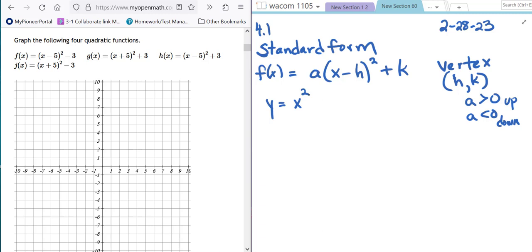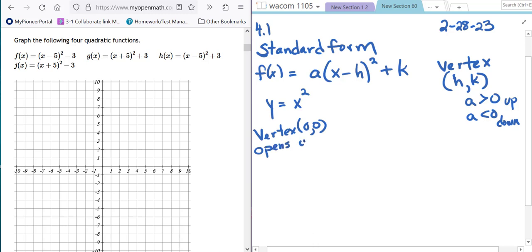All right, so for the standard graph, your vertex is at (0, 0) and it opens up. You can have a point or two, and these just move it. We'll do one with a transformation, and then I'm just going to go to the vertex method.